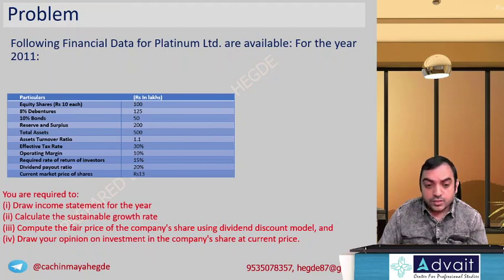You are required to draw the income statement for the year, calculate the sustainable growth rate, compute the fair price of the company share using dividend discount model, and draw your opinion on investment in the company share at current price.